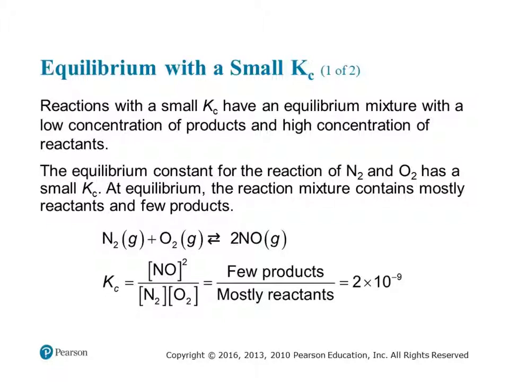The opposite's also true. For example, the reaction of nitrogen oxide to form nitrogen monoxide. The equilibrium constant at room temperature for that is 2 times 10 to the negative 9th. That is a whole lot less than 1.